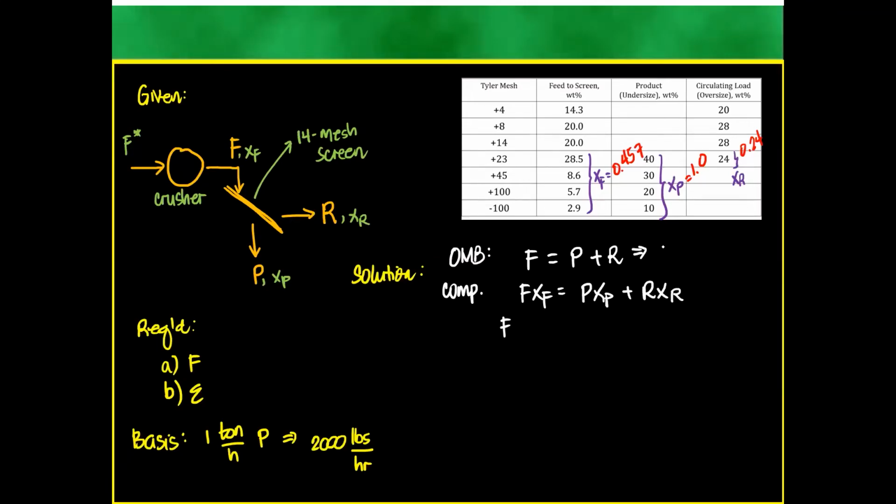So if 1 hour is our basis, I can just say here, F is 2,000 plus R. In here, F times XF, you know that that's 0.457. And then P is 2,000, the X of the product is 1.0, and the amount of reject you don't know, but its X is 0.24.